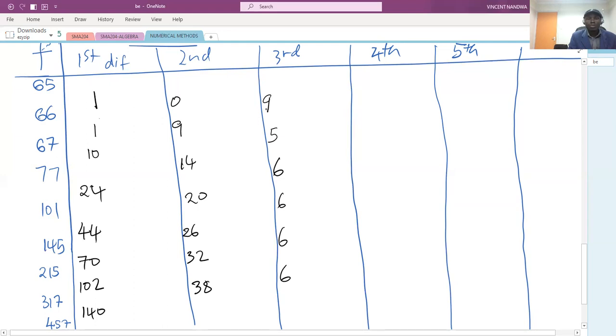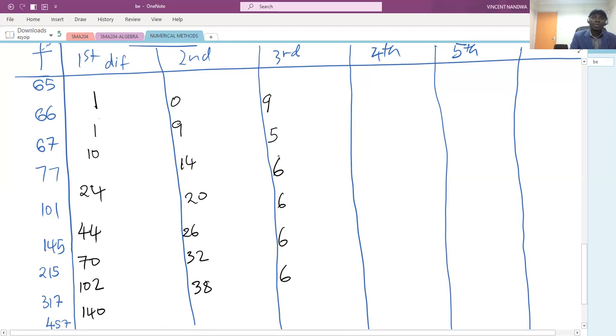Now, from what we are getting in the third column, we see 6 is repeating most of the time: 6, 6, 6, 6. This tells us that the third differences should all be 6, and only these two values which are not 6 might be the ones giving the errors in these given values.